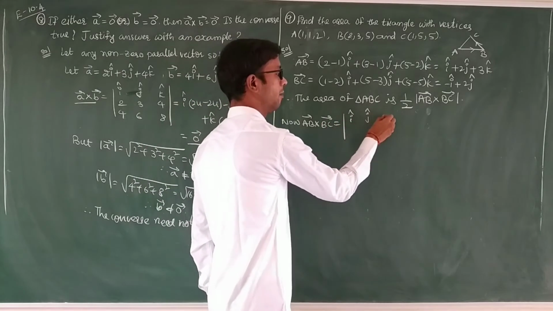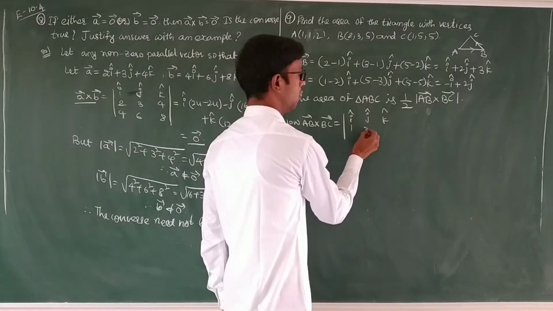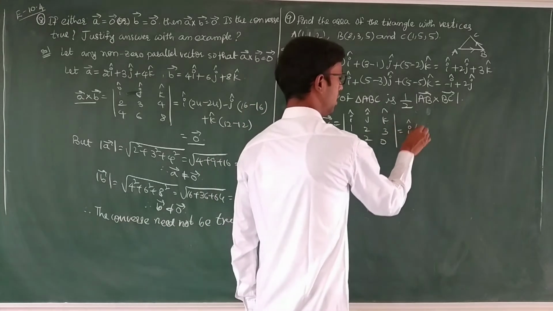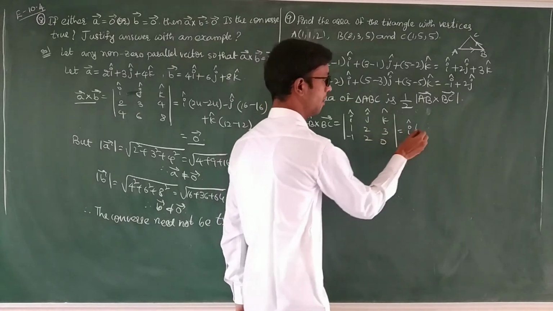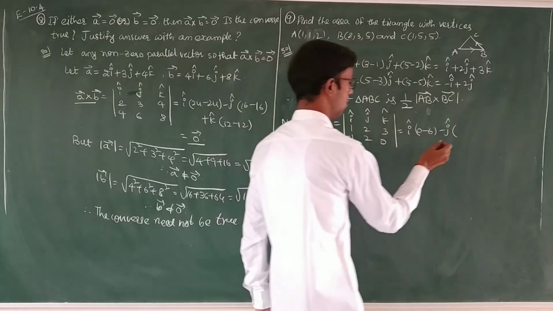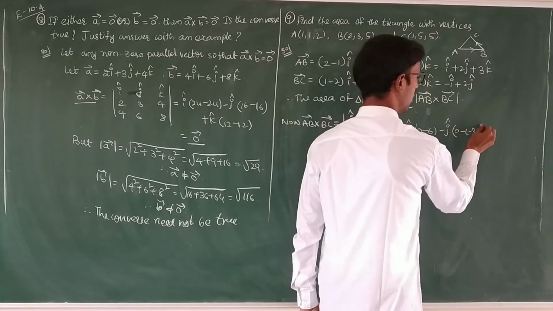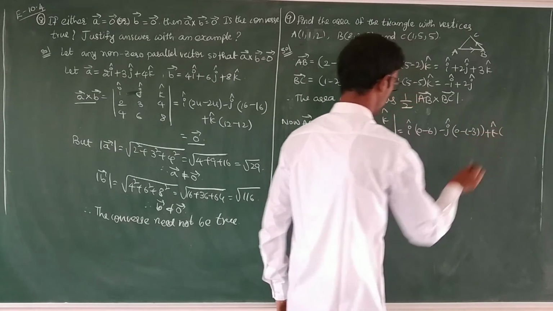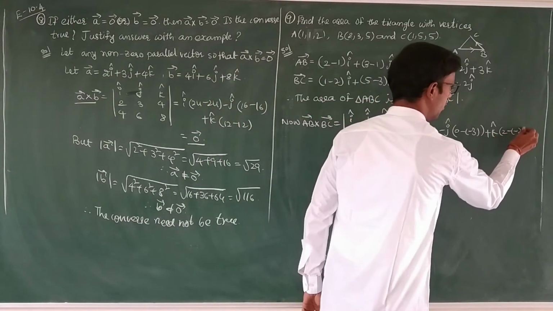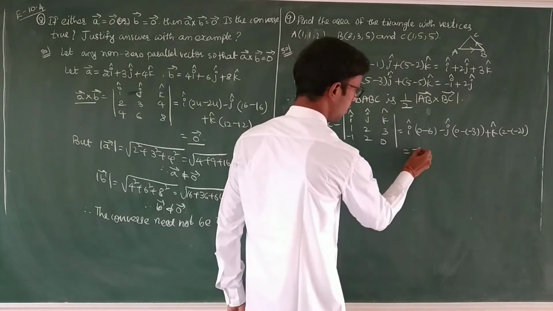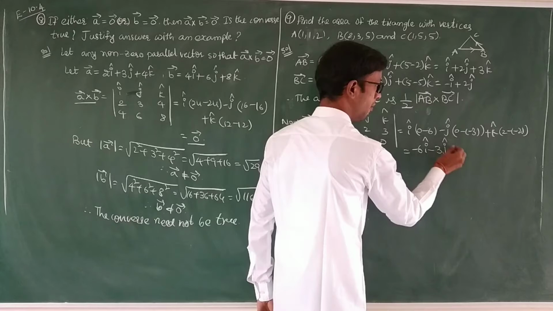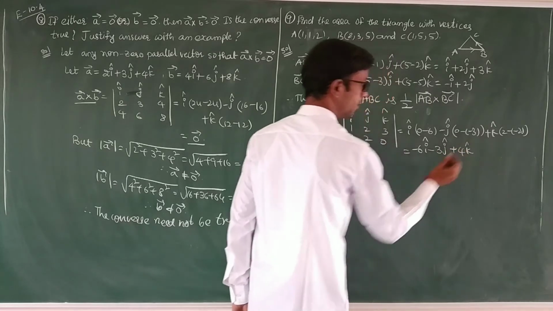I cap, J cap, K cap; 1, 2, 3; minus 1, 2, 0. So I cap into 0 minus 6, minus J cap into 0 minus of minus 3, plus K cap into 2 minus of minus 2, giving minus 6 I cap minus 3 J cap plus 4 K cap.